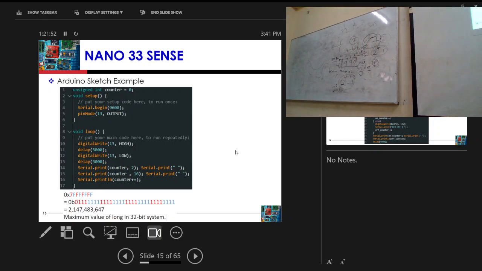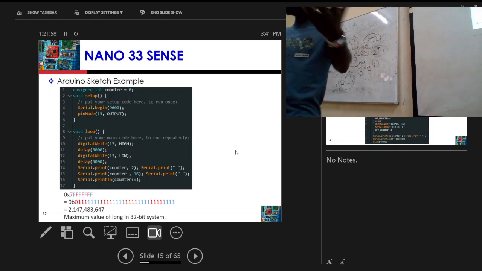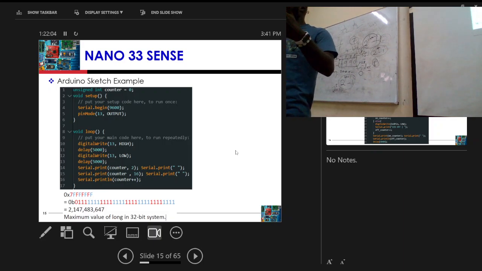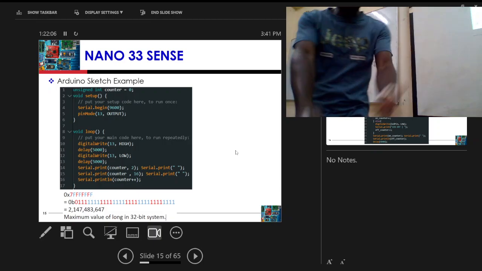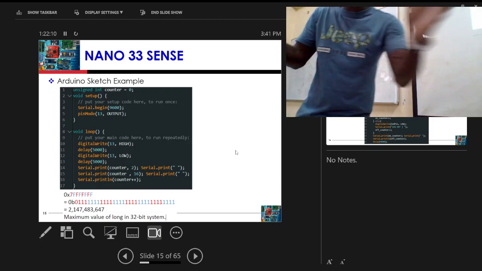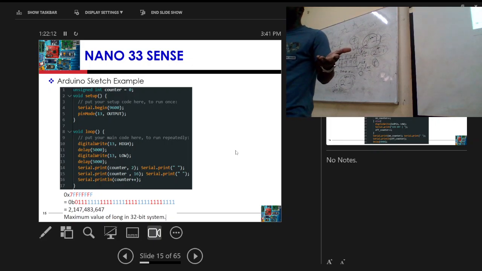How many bits can you accept? Very important. Without setting this up, you cannot communicate between two devices. So the 9600 is just how many bits the board and the PC can exchange in 1 second.